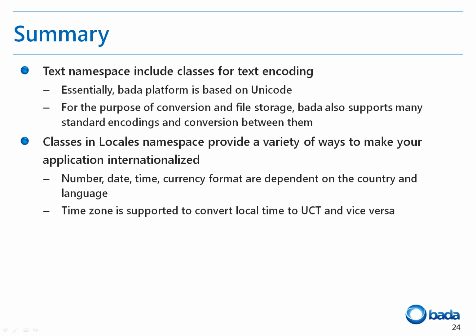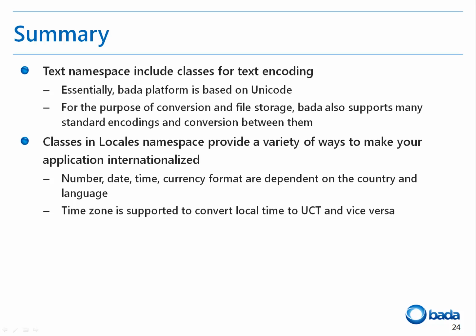Let's summarize what I discussed for the text and locale namespaces. The text namespace supports converting between encoded text strings. Since a BADA string is basically a Unicode string, you can convert a file or data containing non-Unicode characters into Unicode and convert a Unicode string into an encoded string for data transmission.